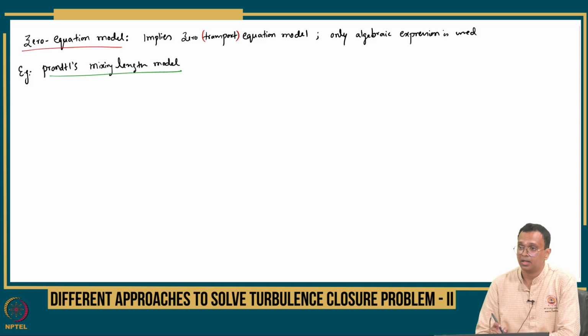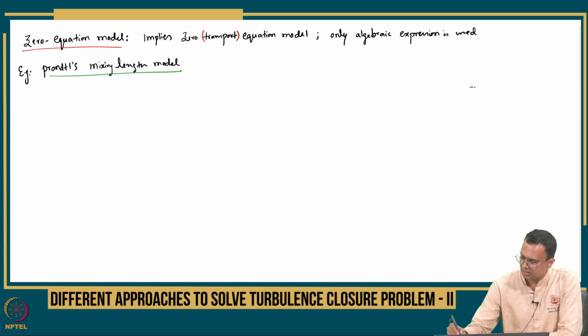This idea comes from, if you recall, the turbulent boundary layer itself. It has many sublayers. If you recollect, this was the wall. You had a region called the linear sublayer, and above it you had an inertial sublayer.